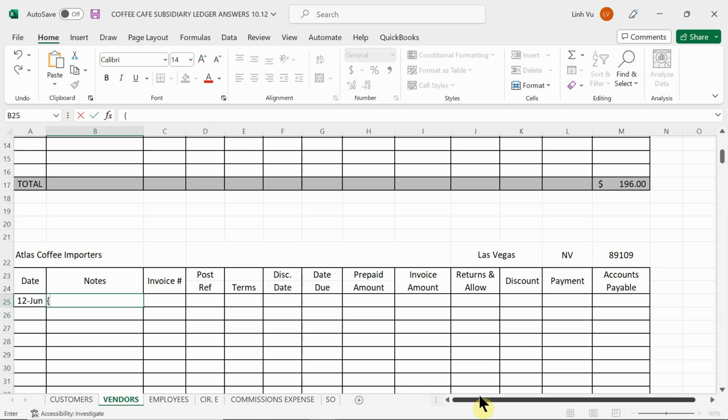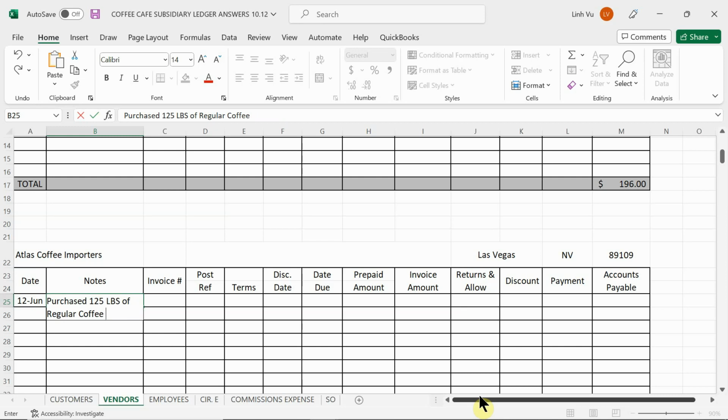purchased 125 pounds of regular coffee, which gave you a total of $168.75 plus 125 pounds. Actually, I'm not going to include the price.